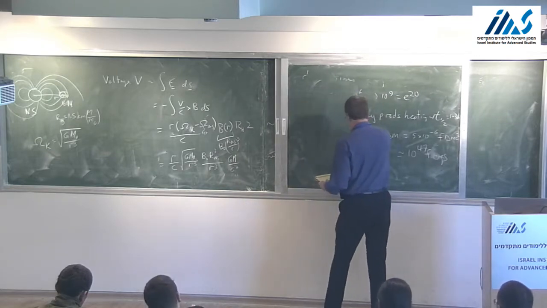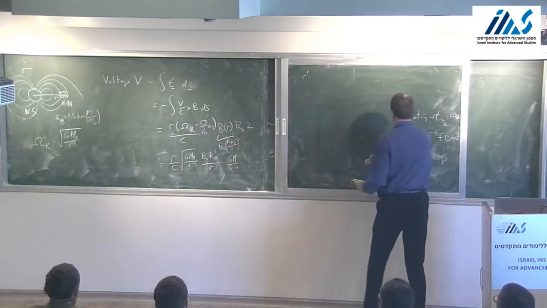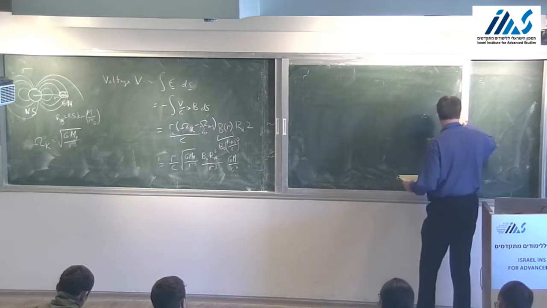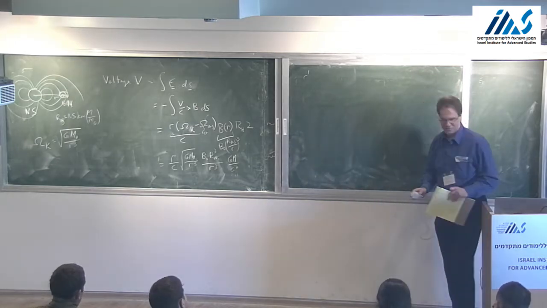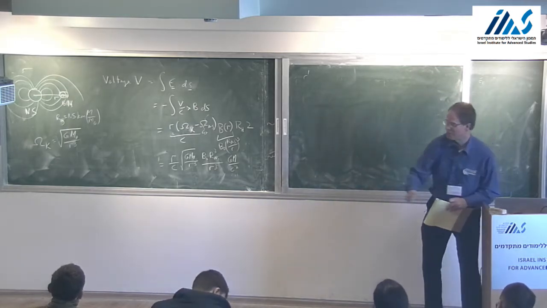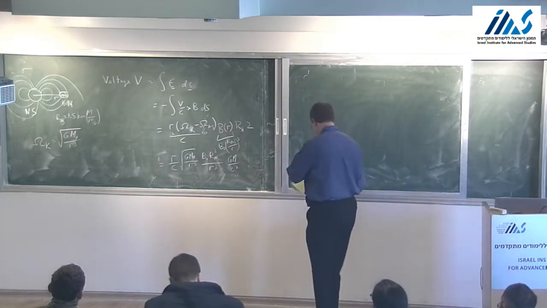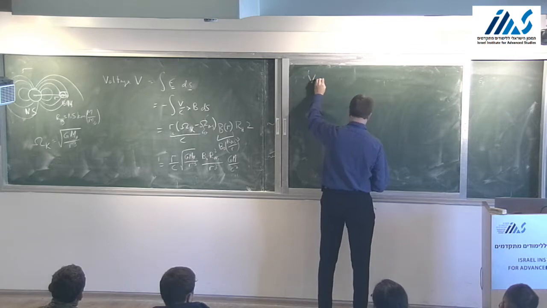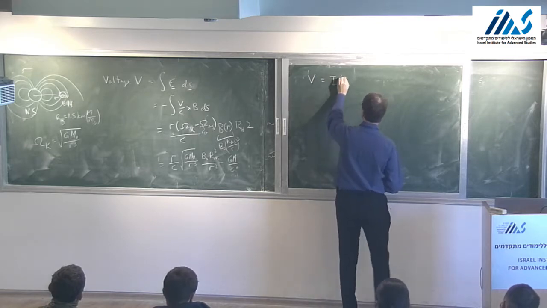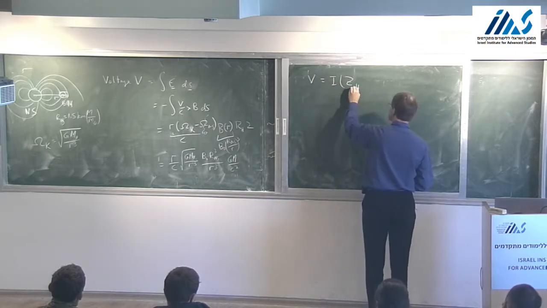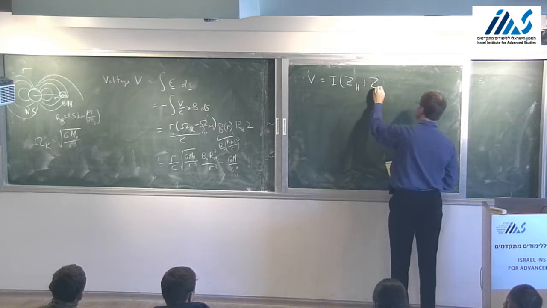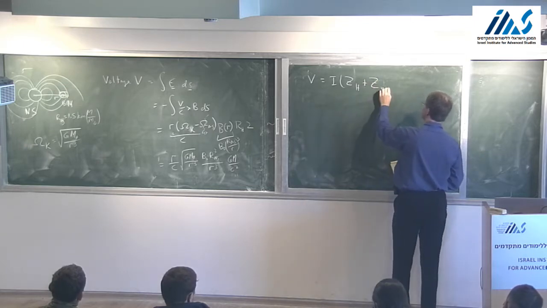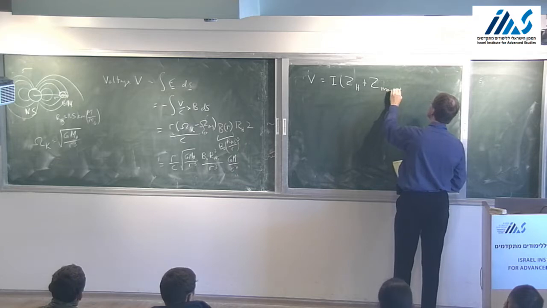Okay, so that's the voltage. So in order to get the power dissipated, we need the resistance in the circuit. V equals IR, so we get the current, we need the resistance. So the current we get from the voltage is equal to the current times the impedance of the black hole plus the impedance or resistivity of the magnetosphere.